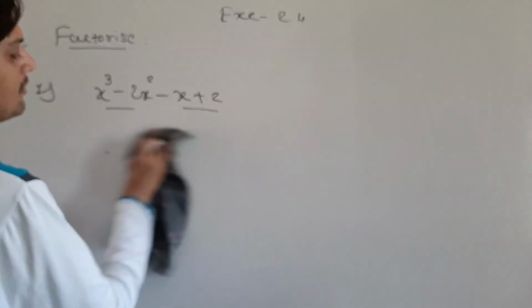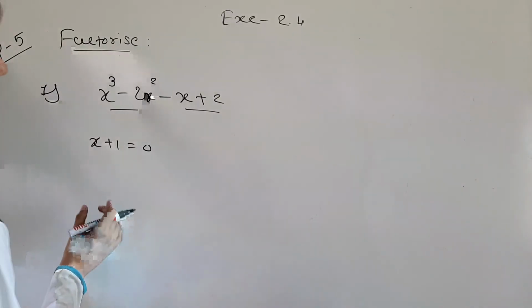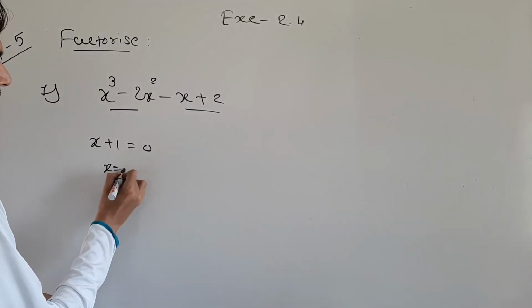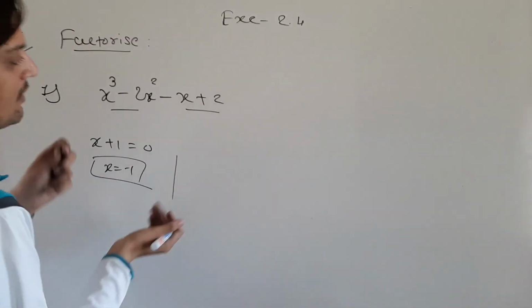So now what do we have to do? In this kind of question you have to assume x equal to 0, then put the value of x here. Means x plus 1 is 0, so x equal to minus 1. Minus 1 you have to put here, will 0 come or not?